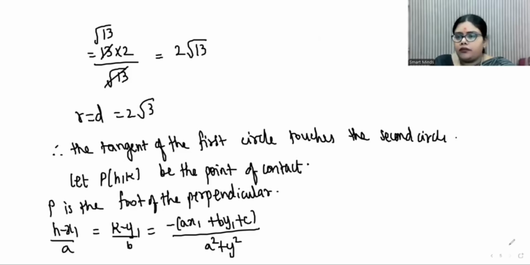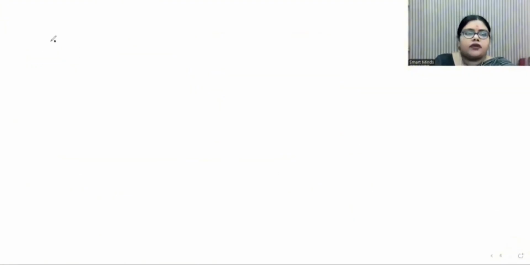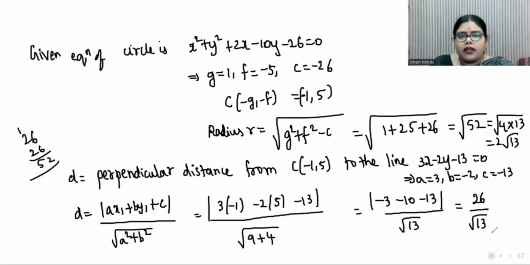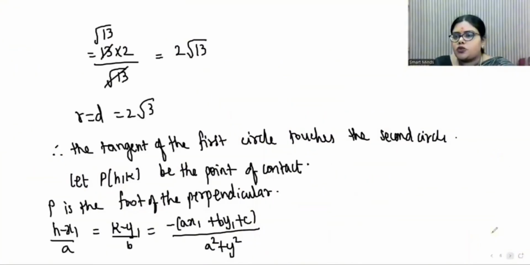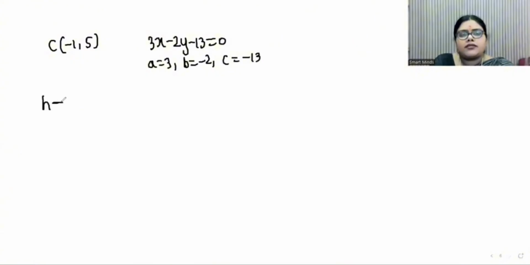Now, if you see, the center we got is minus 1 comma 5. And the line is 3x minus 2y minus 13 is 0. So from here we can take a as 3, b as minus 2 and c as minus 13. Now h minus x1, where x1, y1 is the center.